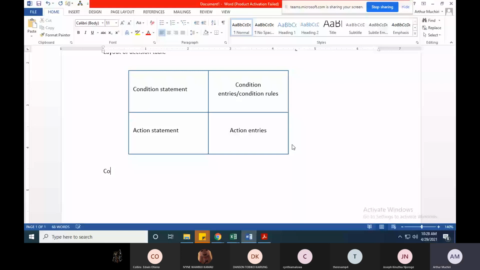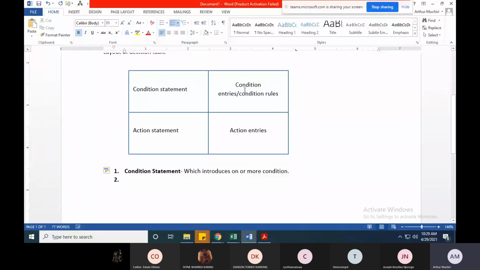The condition statement introduces one or more conditions. Number two, we have the condition entries.